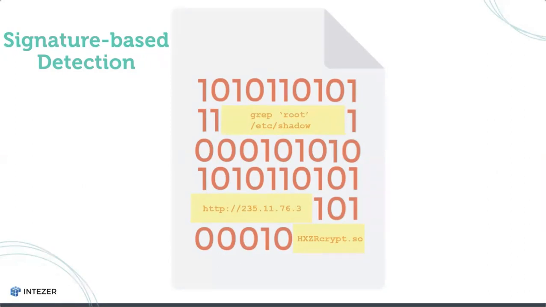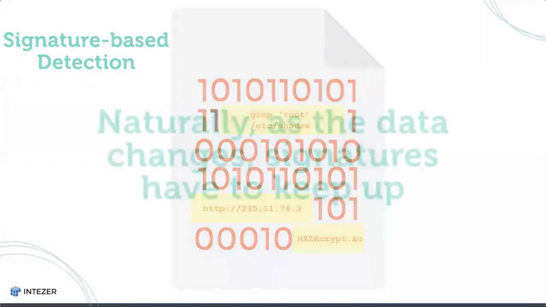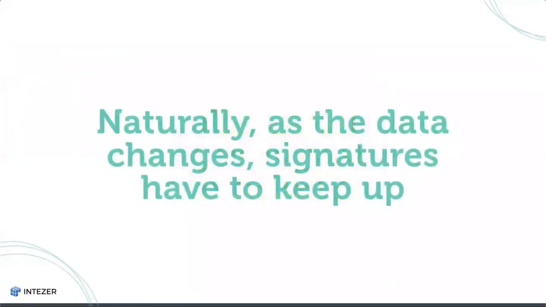For instance, let's say you have a malware sample that has a hard-coded IP address which it connects to. If you look for that IP address within the file, you will be able to determine whether this is that malware or not. But if that IP address changes in the next variant, or if any piece of data the signature is based on changes, the signature will no longer be relevant. You will have to update the signature, and as long as you have the old signature, you will remain compromised by that specific attack.